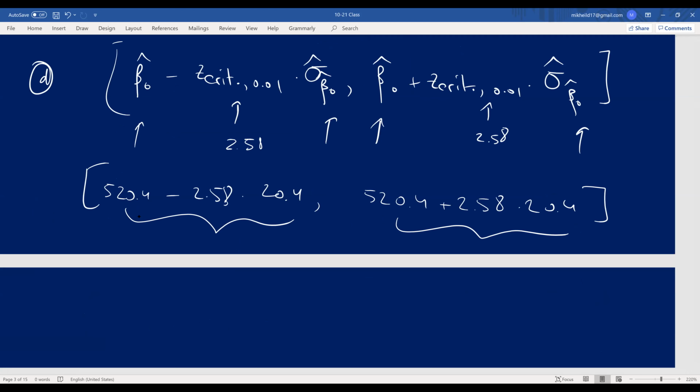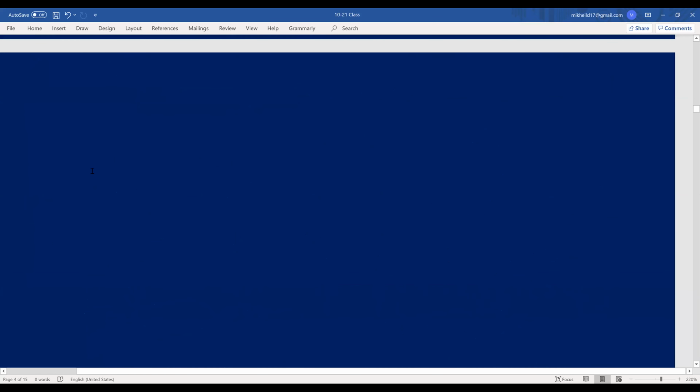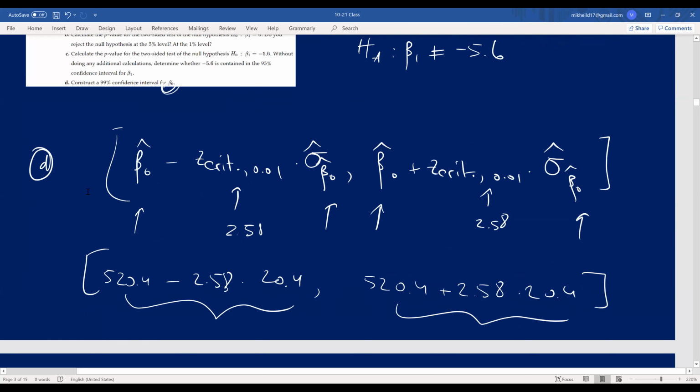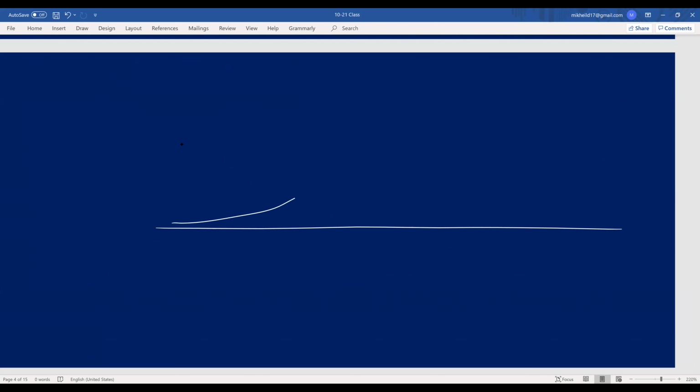Yes. Professor, can you go back for a second, please? Sure. How did you get the number 2.58? If you look at this standard normal density, we are looking for z, which we call critical, and alpha is 0.01.